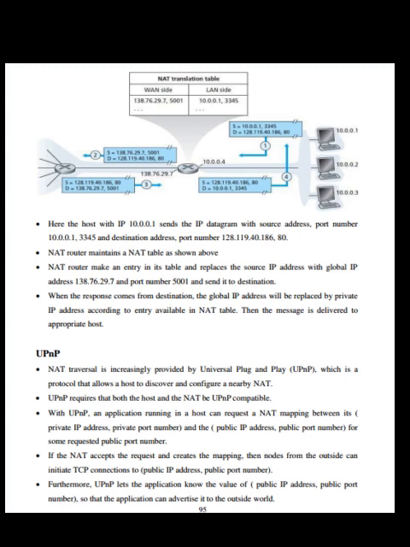The NAT router makes an entry in its table and replaces the source IP address with the global IP address 138.76.29.7 and port number 5001 and sends it to the destination. When the response comes from the destination, the global IP address will be replaced by the private IP address according to the entry available in the NAT table. Then the message is delivered to the appropriate host.